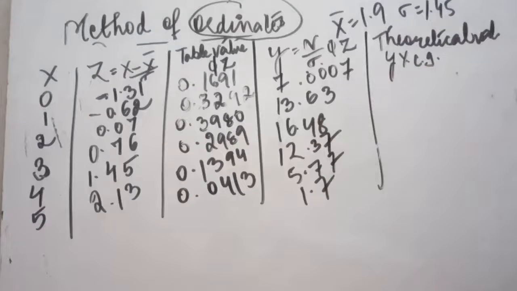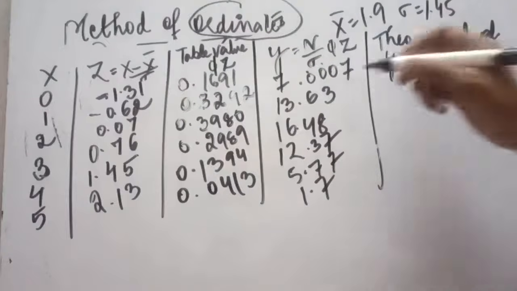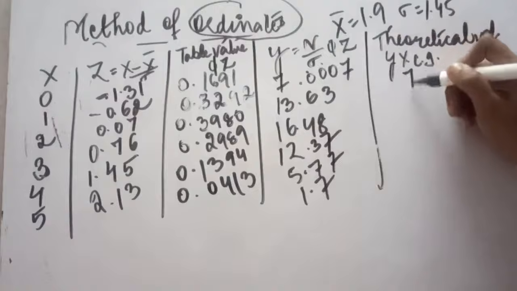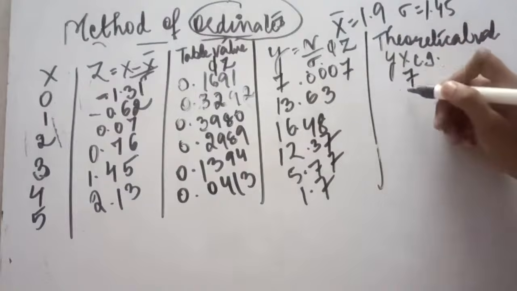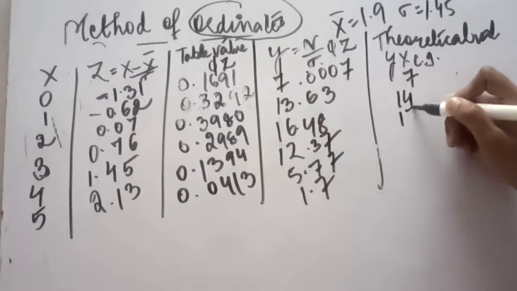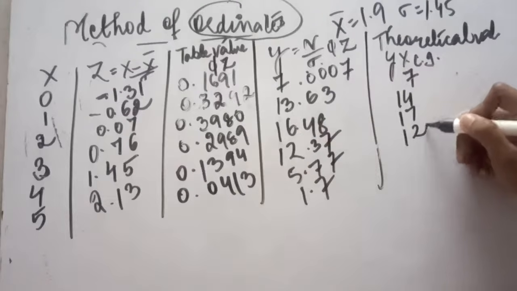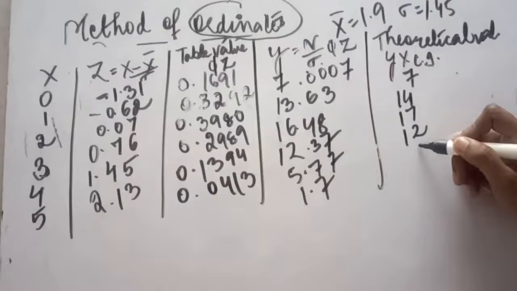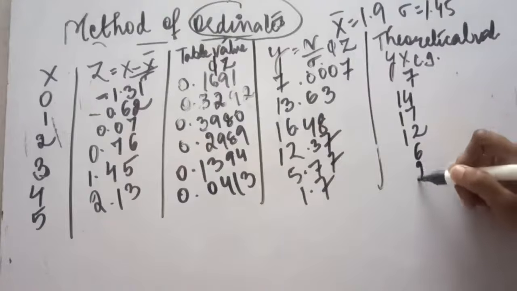It means it is going to come exactly the same. If in any question the difference is 2, in the last we have to multiply that by the class interval. So we will round this off. This will be 7, this will be 14, next will be 17, next will be 12, next will be 6, and the last will be 2.